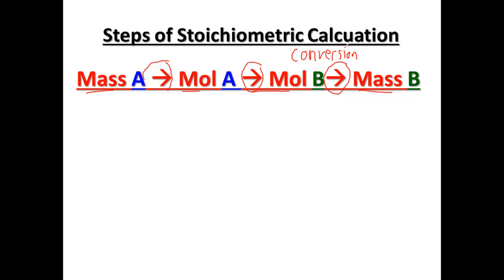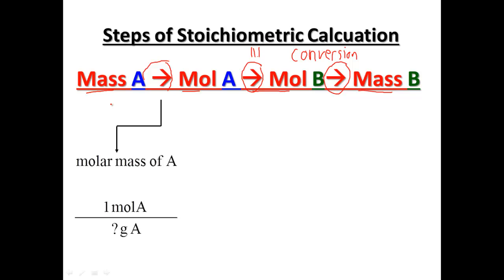We've done mass to moles and moles to mass in our chapter 10 idea, and now we're going to add in our mole to mole ratio from the beginning of 11.1, where we saw this information.